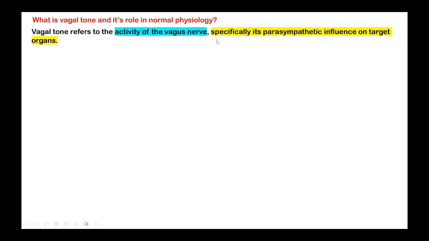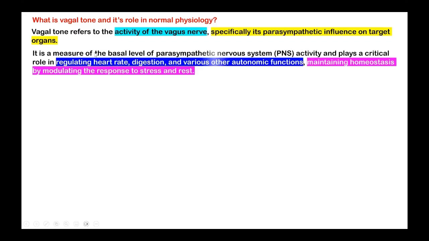How do you define vagal tone? It refers to the activity of the vagus nerve, specifically its parasympathetic effect on the various organs. In normal physiology, it measures the basal level of parasympathetic activity and has a critical role in regulating heart rate, digestion and various other autonomic functions, maintaining homeostasis and modulating the response to stress and rest.